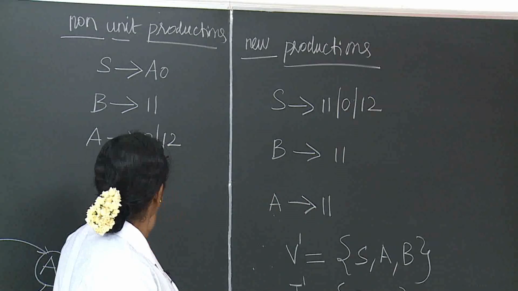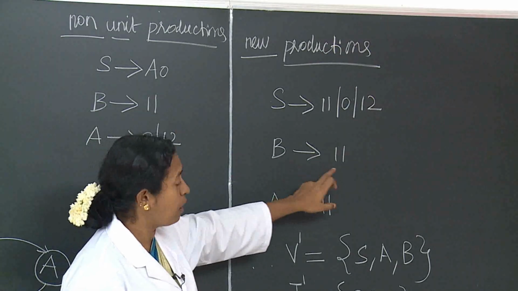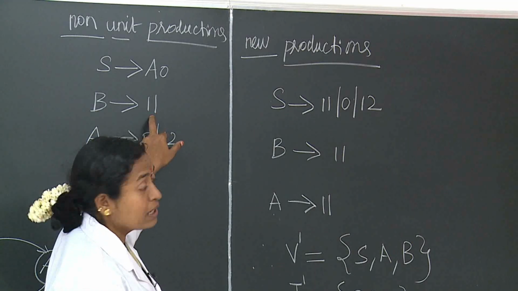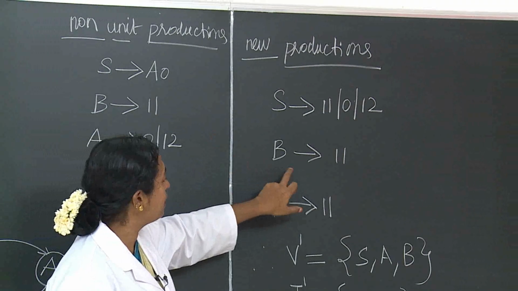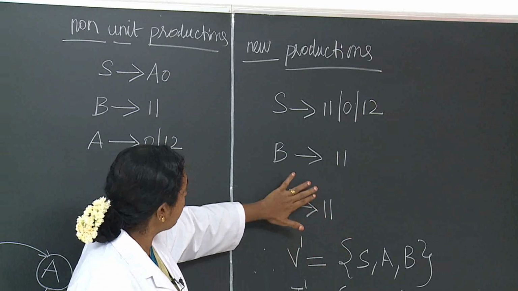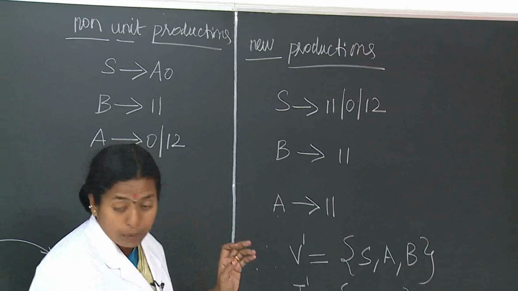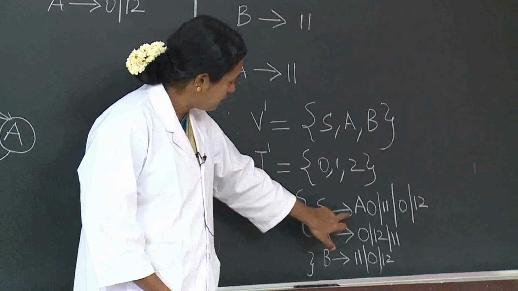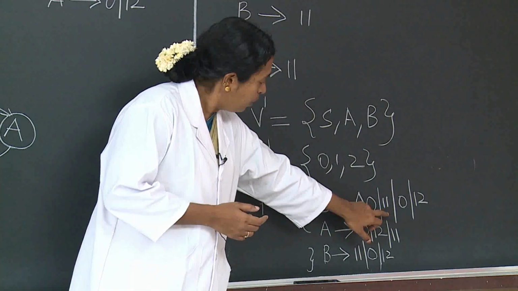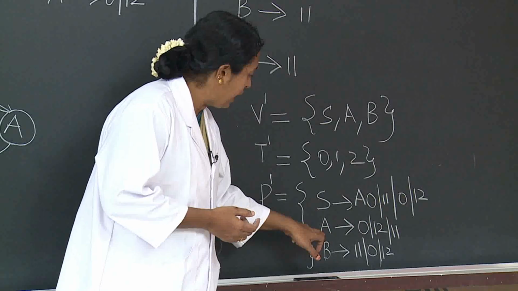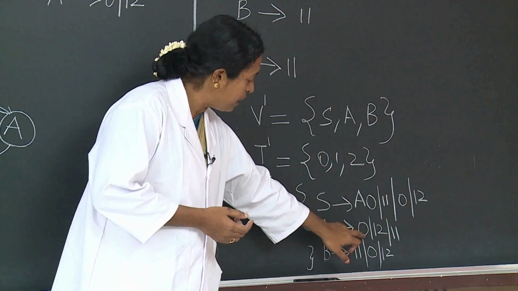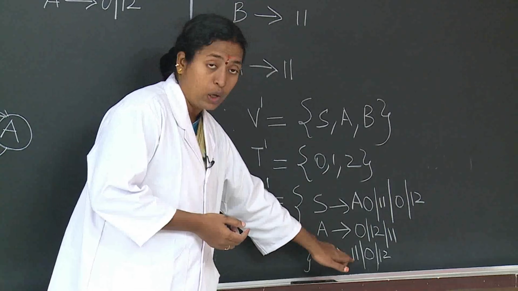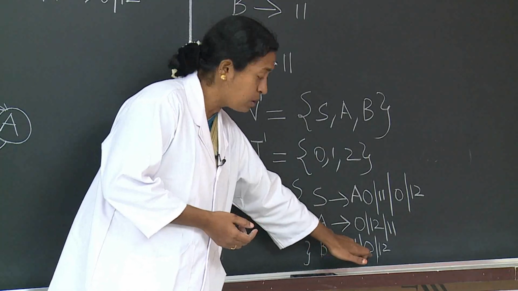The terminal of B is 11, it is already there. And A tends to, instead of B we will have 0 12 11. Here it will be all the terminals of A: 11 0 12.